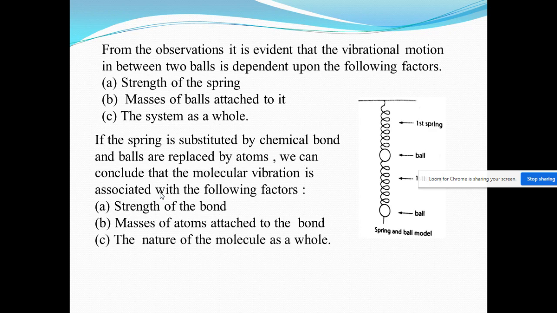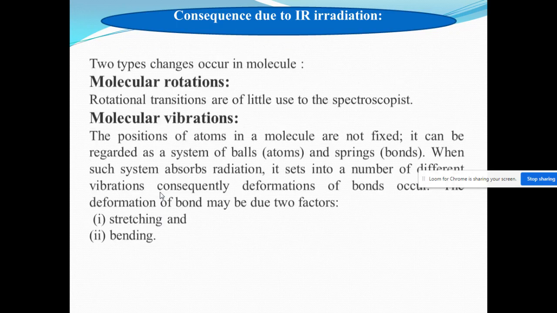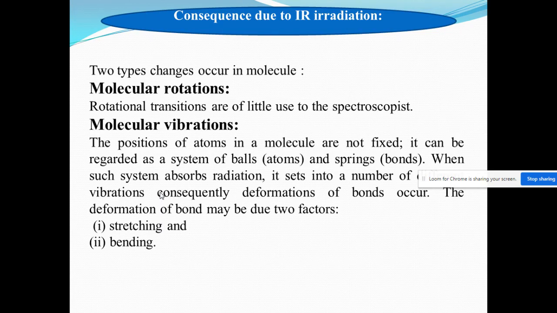Now, if spring is substituted by chemical bond and balls are replaced by atoms, we can conclude the molecular vibration is associated with the following factors. Number one, strength of the bond, masses of atoms attached to the bond, and the nature of the molecule as a whole.